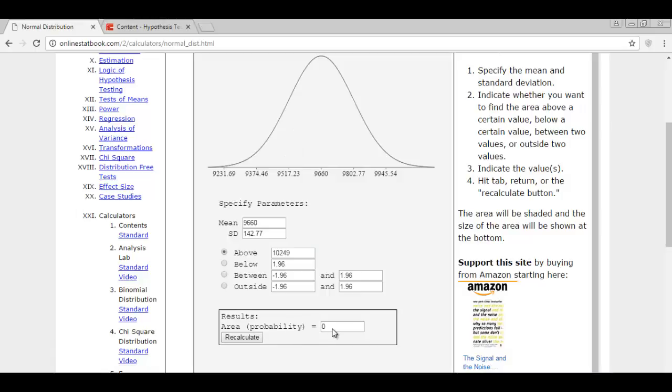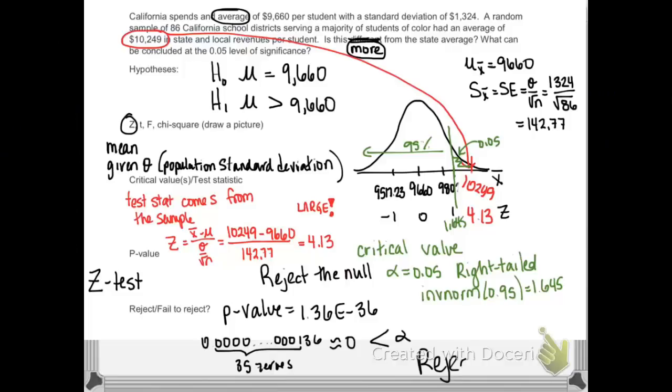And the probability was approximately 0. It doesn't even register on here. It's so many zeros, 35 zeros and then 134. So our calculator is just rounding it to 0. That's definitely less than 5%. We're going to reject the null.